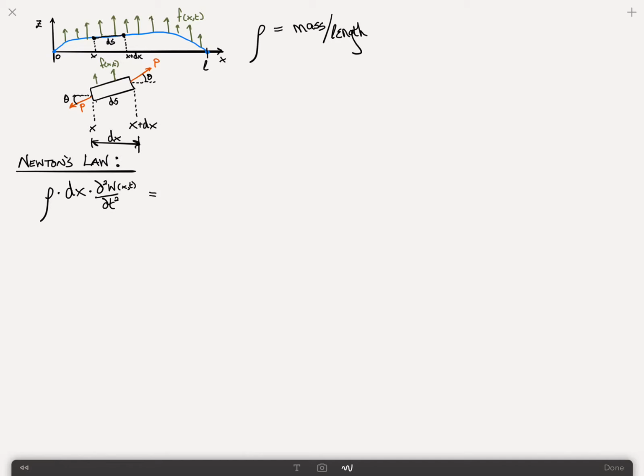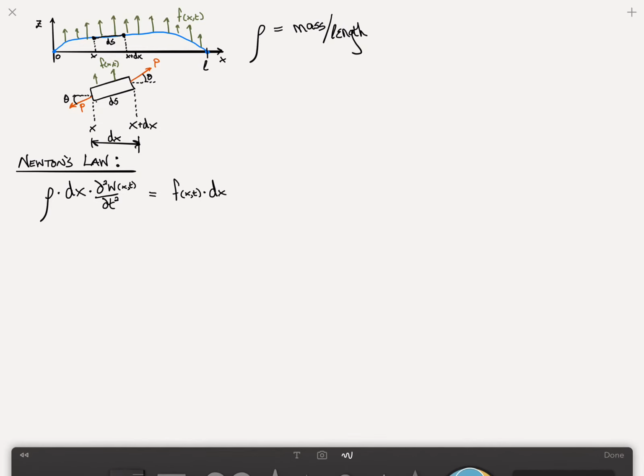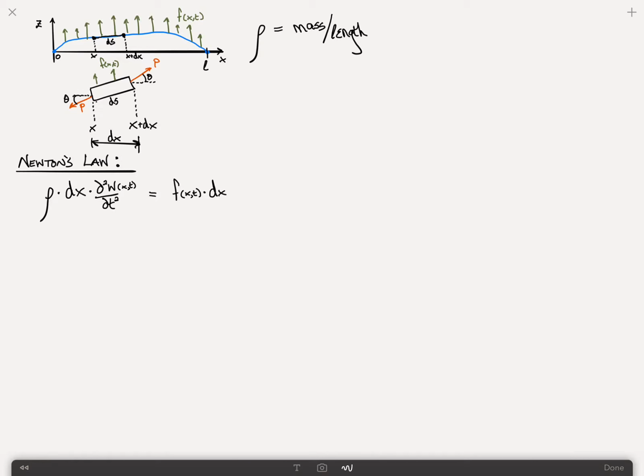And that is equal to the sum of the transverse loads. Well, the first load we have is this distributed load F. The actual load on that element, because F is per unit length, is F of x, t times dx, which is the length. So that gives us a force. And then, of course, we need to look at the vertical or the transverse components of P.